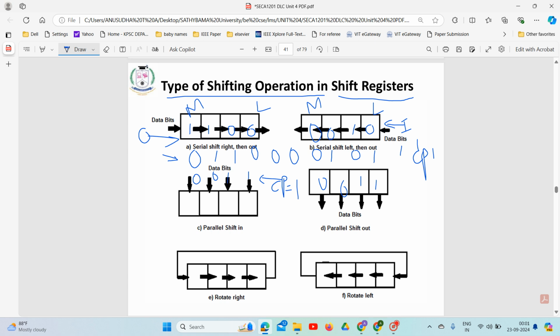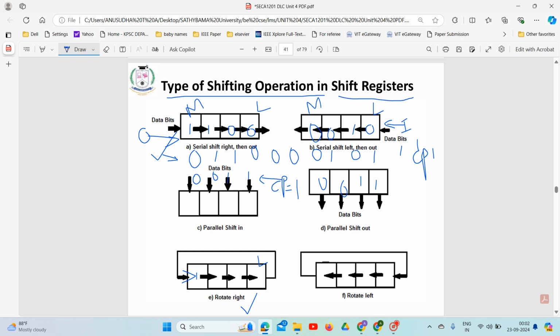This is a rotate right shift register. As we studied in the first case, the same operation happens here, but the LSB bit is stored back at the MSB. Such an operation is called rotate right.